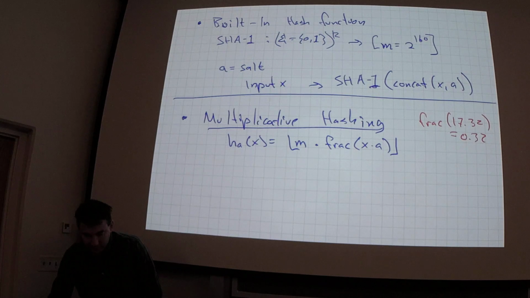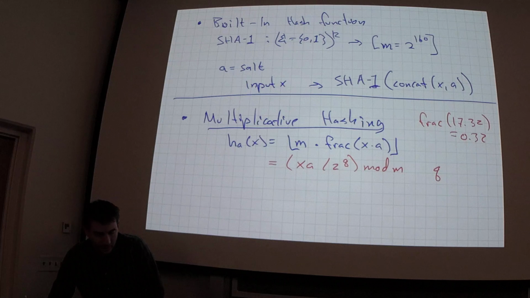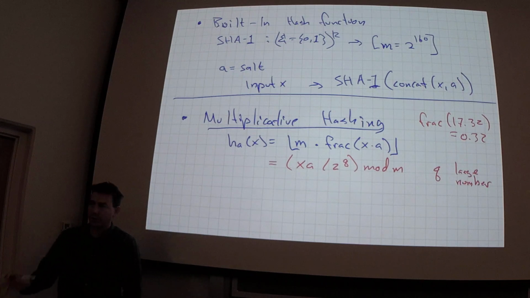And sometimes instead, a faster way to implement this is x times a, again, divided by 2^q, mod m, where q is some large number.